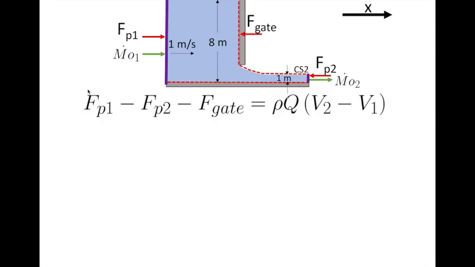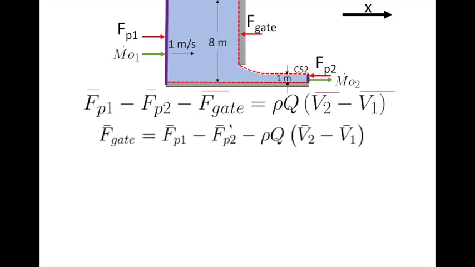We should have little vectors on each of these, the velocities too, right? Okay, so what I was getting at was to rearrange our equation to solve for the gate. And oh good, I put my bars on there correctly this time. So there's the relationship that I need to solve.